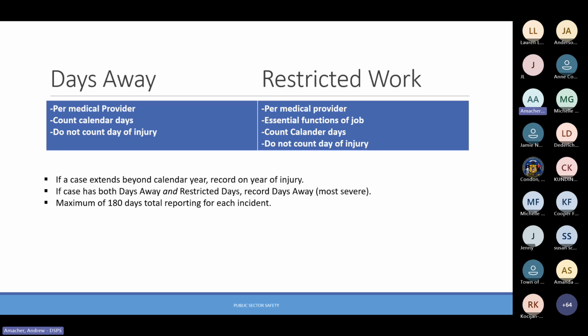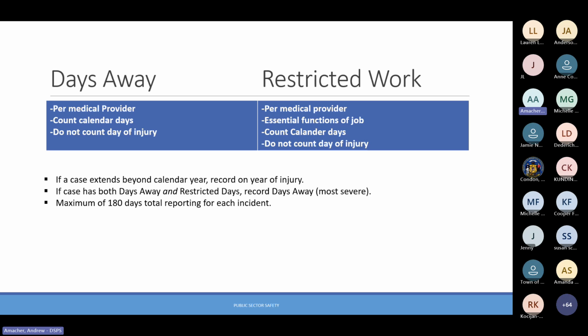All right, the next portion: counting days away and restricted work. The two classification differences in these for the reporting requirements: days away are per a medical provider. So a doctor will provide you the information of the number of days that the employee should be away from work. We count the calendar days.